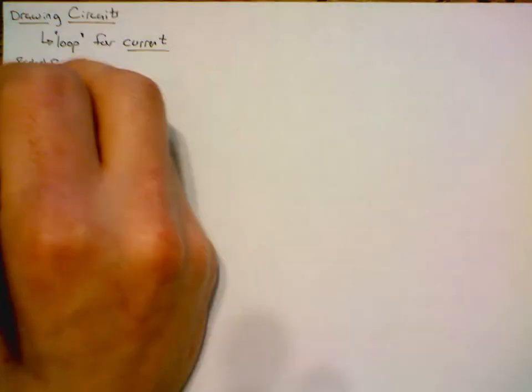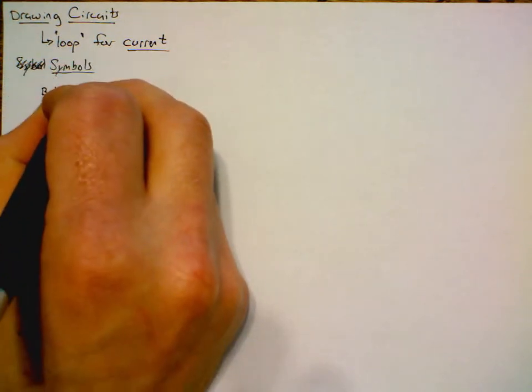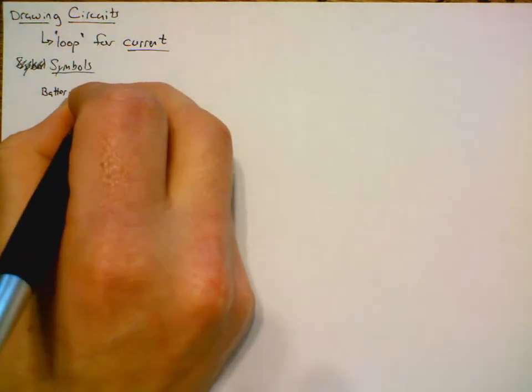Now, one of the things about circuits, rather, is we need to have standardized symbols. Every circuit diagram in the world has the same symbols in it. Like for a battery. The symbol for a battery just looks like that.